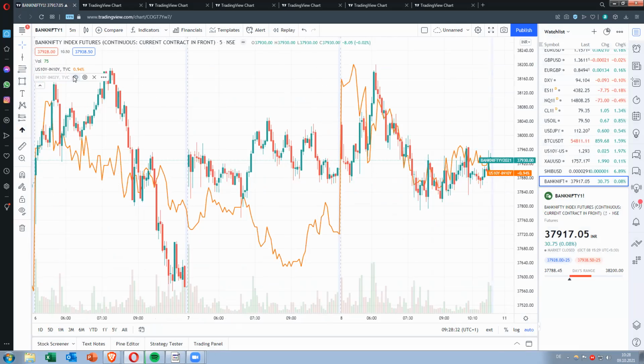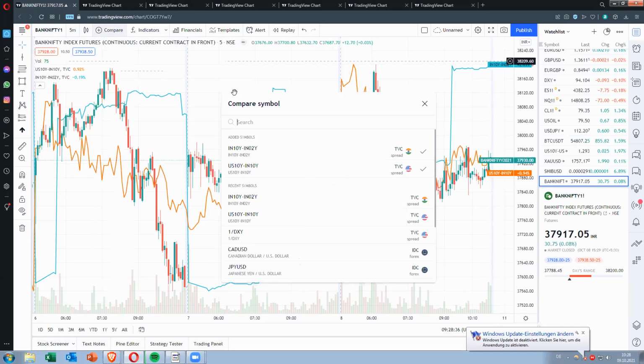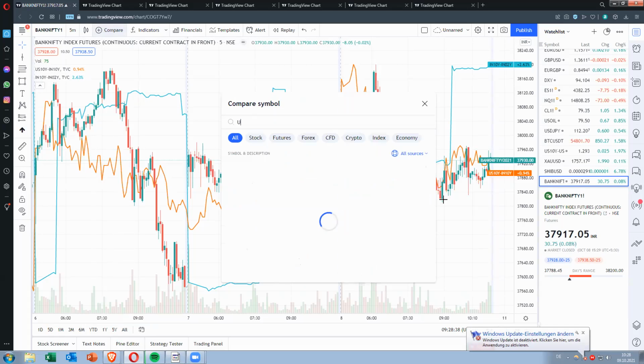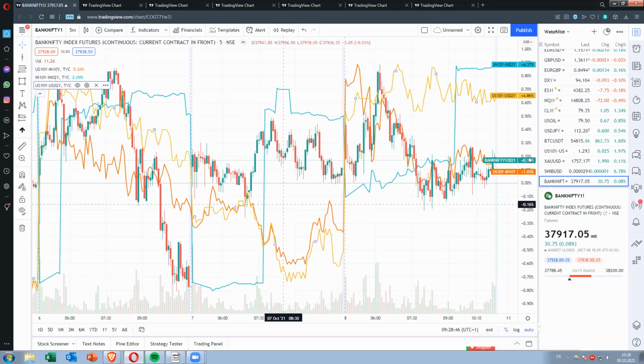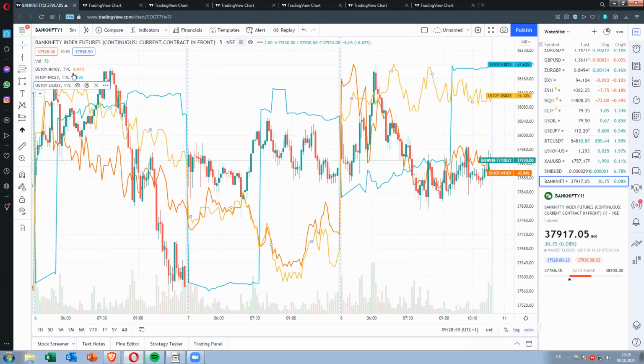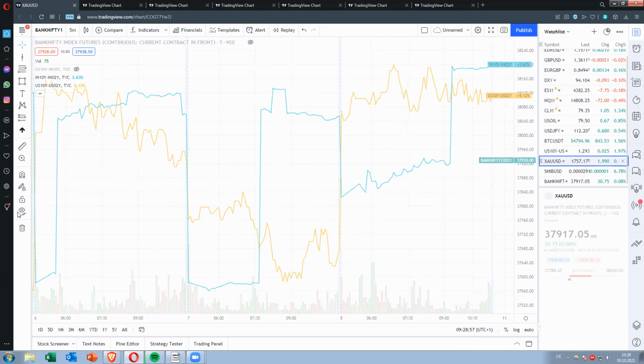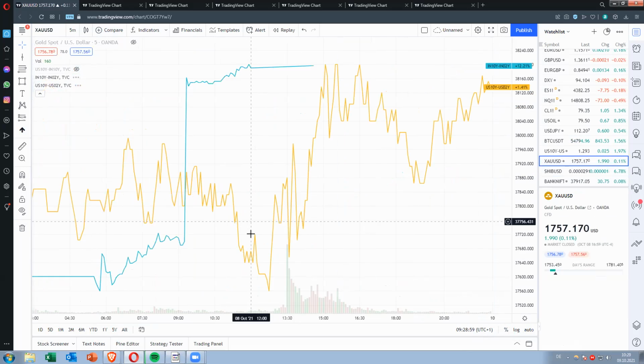Because for example, if I show you the US 10s and the US 2s, right? Look at this curve. Wait, pin to scale. If I just remove the chart here and I remove this here, and I just take, for example, gold, right? Do you see what's clean and what's not so clean?